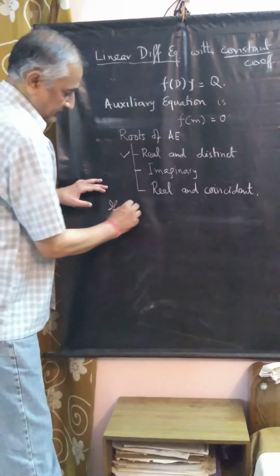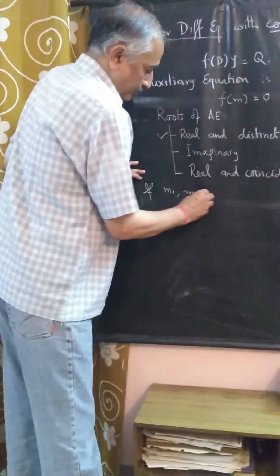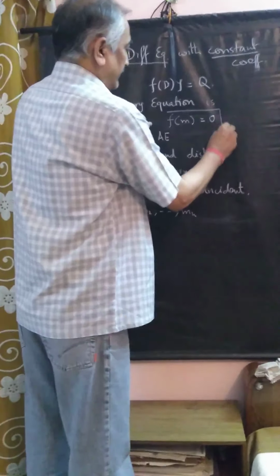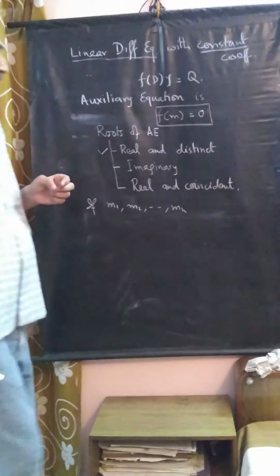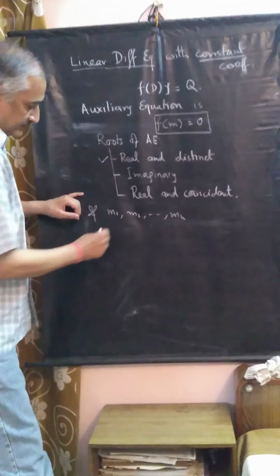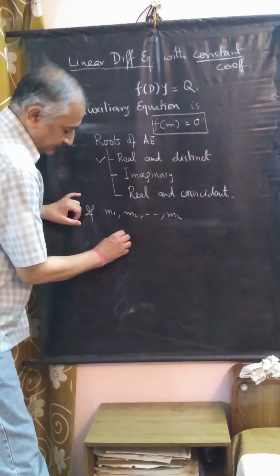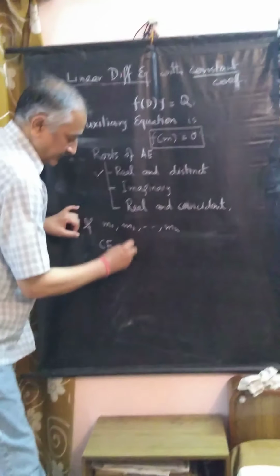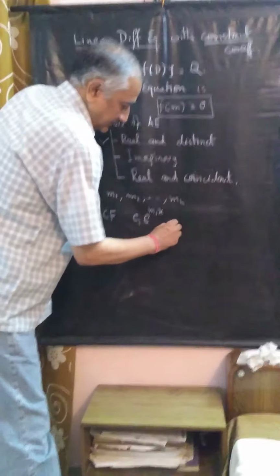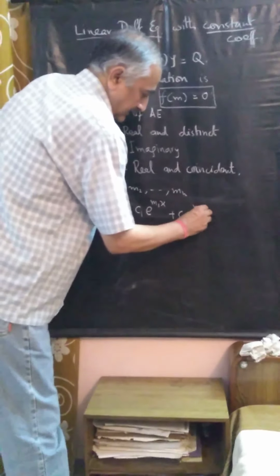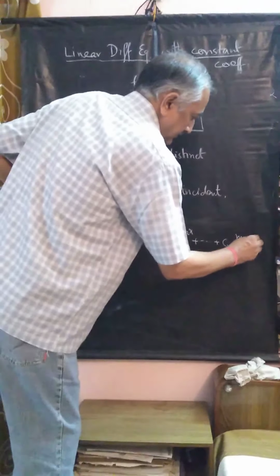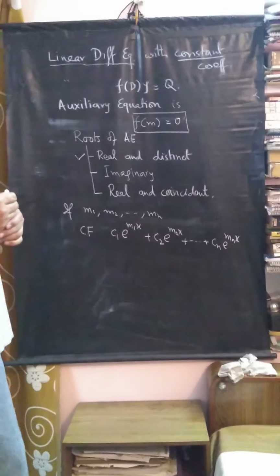If m1, m2, ..., mn are roots of the auxiliary equation which are real and they are all distinct, then the complementary function is given by c1 exponential m1x plus c2 exponential m2x, ..., cn exponential mnx.